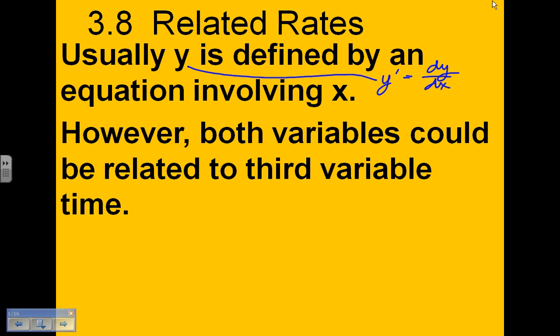If I take x out of the mix and put it in time, then y prime would equal dy/dt. That's the derivative of y with respect to t, time. Does that make sense?